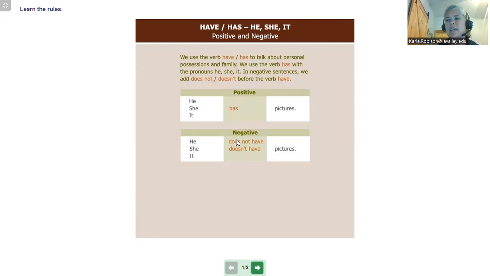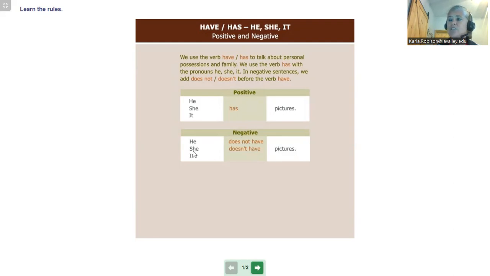Okay. Now let's say it's in the negative. It's not something that you have or that is true. Okay. Instead of using the verb has, you're going to use the verb have. So anytime it has a not in it or a negative, you're going to use the verb have. He does not have pictures.